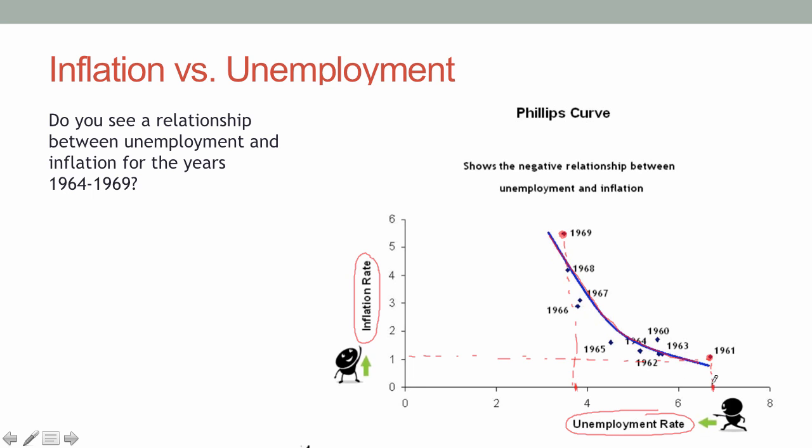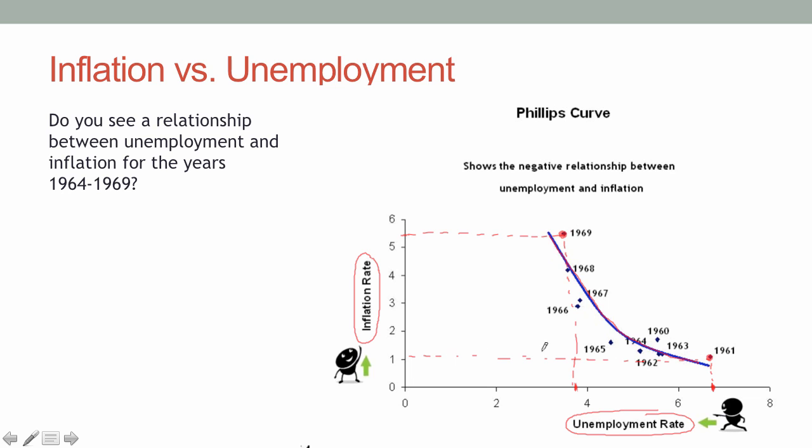Whereas in 1961, it was harder to find a job. So more people are working. The unemployment rate is lower, but what's fascinating is the inflation rate is high. The prices of goods and services were increasing a lot from that time. So people would go shopping and be like, man, these eggs, they cost a little bit more than they did a year ago. Or, wow, gasoline has really increased a lot in the last year.